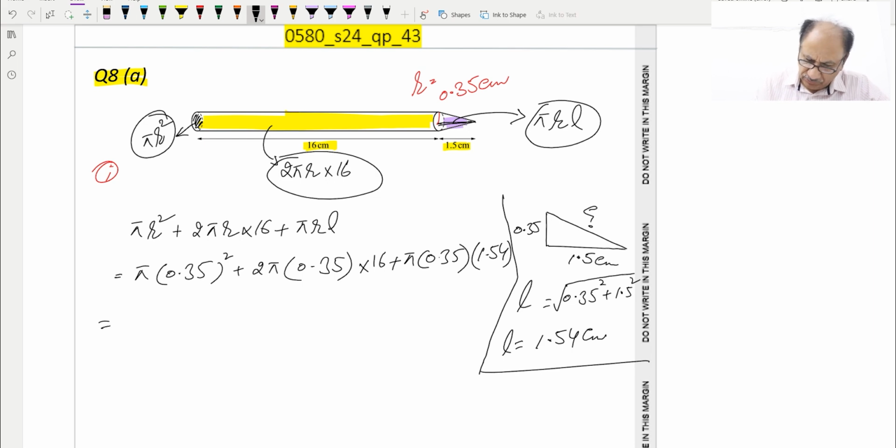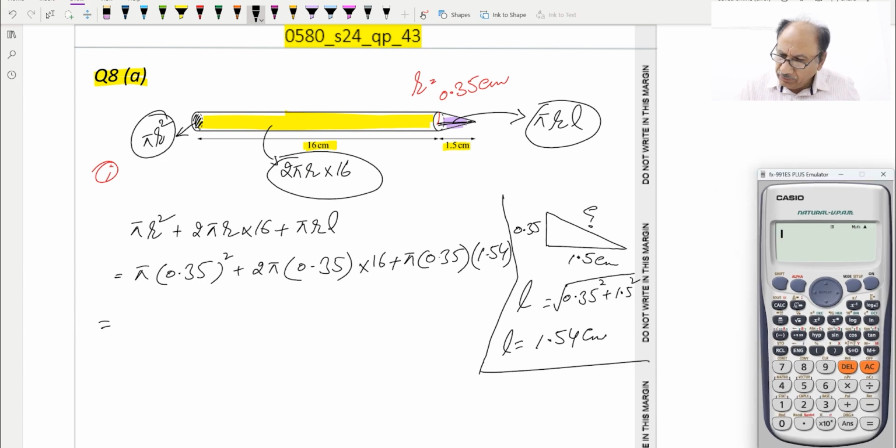Now we can calculate with the help of a calculator: pi times 0.35 squared, plus 2 pi times 0.35 times 16, plus pi times 0.35 times 1.54, and this will be equal to 37.26.